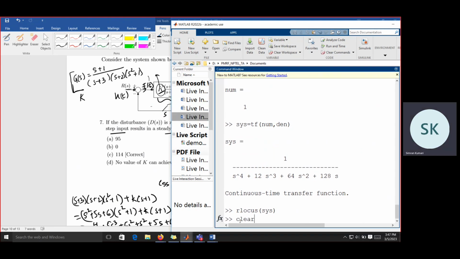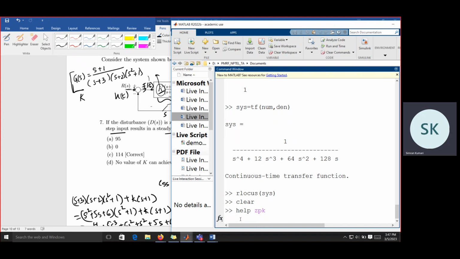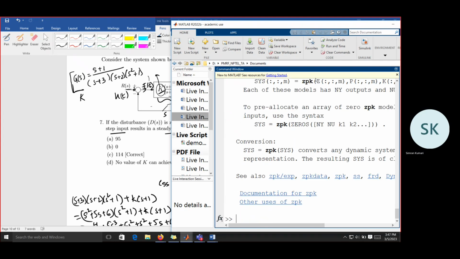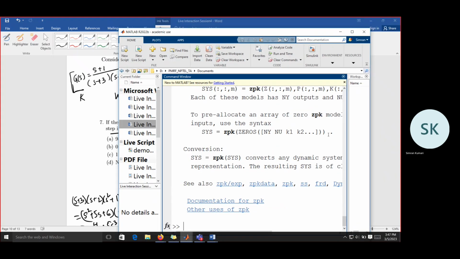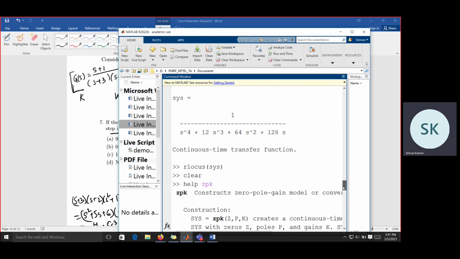Let me clear the workspace. Now there was this command tf that we used. Since we have the poles and zeros specified here, we can use another command which directly takes the poles and zeros values and gives us the transfer function. That command is zpk. Let us see what it requires and what output it gives.